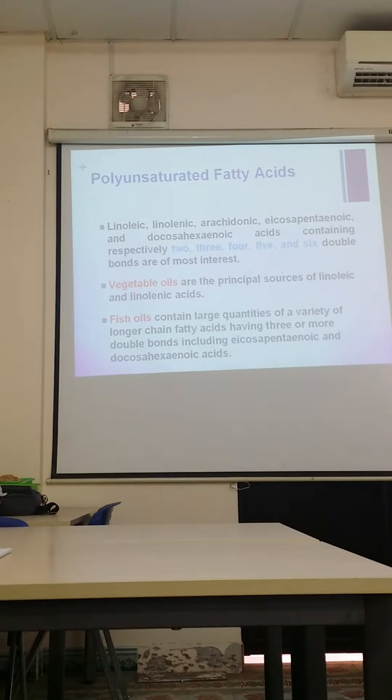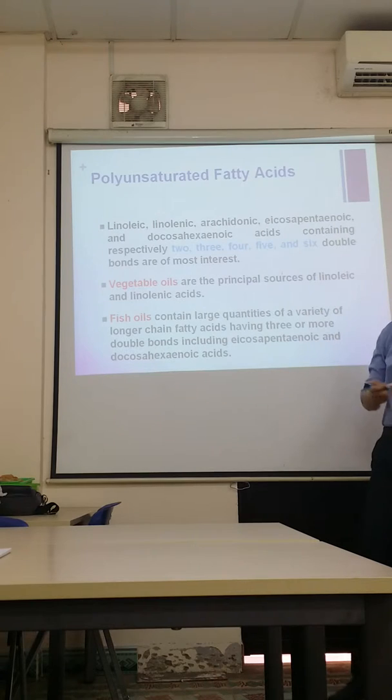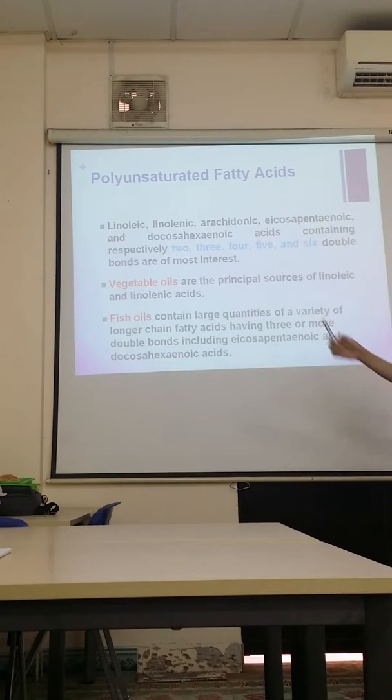Because of double bonds, you always think that unsaturated is more reactive. All kinds of chemical reactions can occur. Right? So in nature, you have 2, 3, 4, 5, up to 6 double bonds. Okay. Five and six normally occur in marine oil, fish oil.